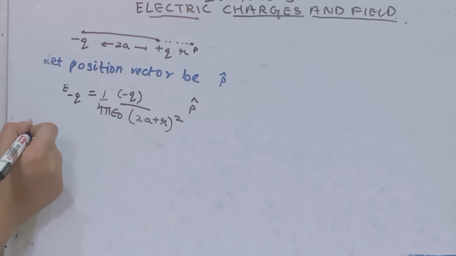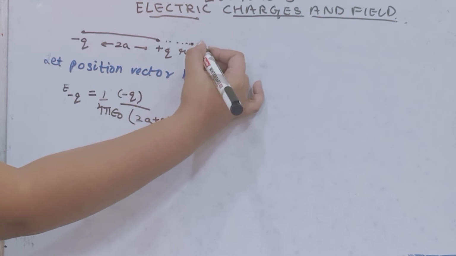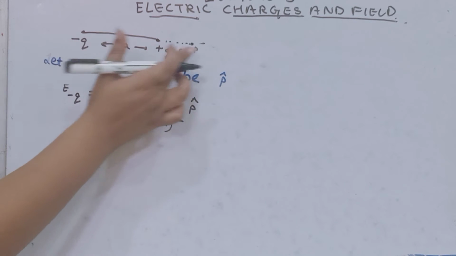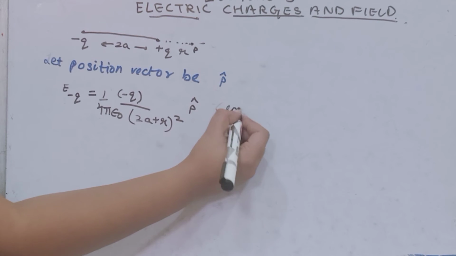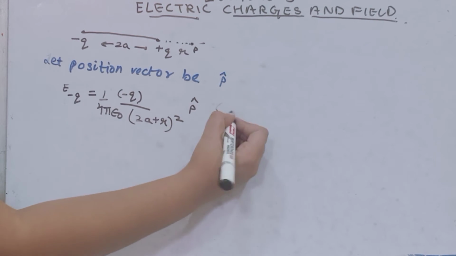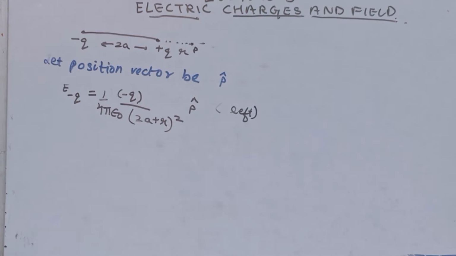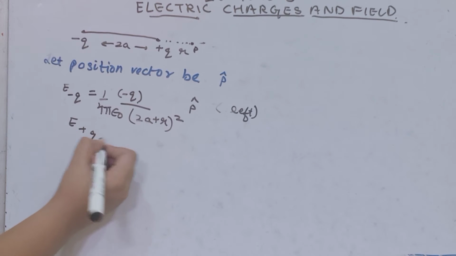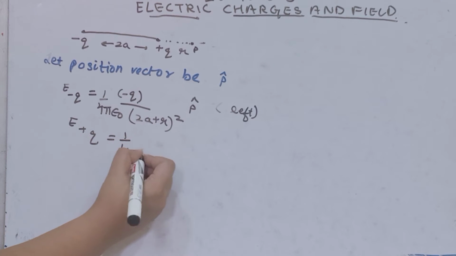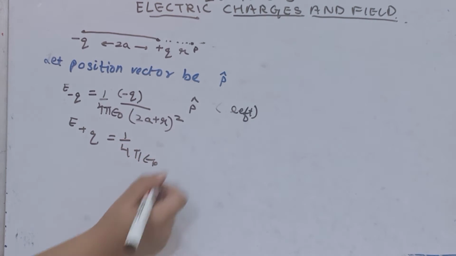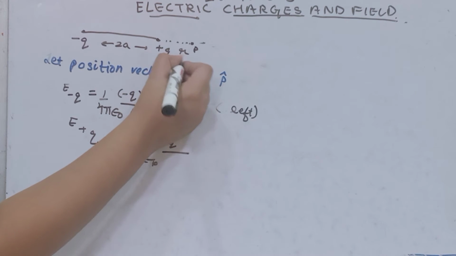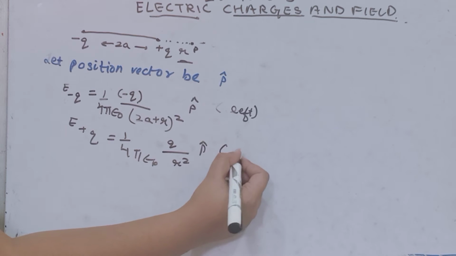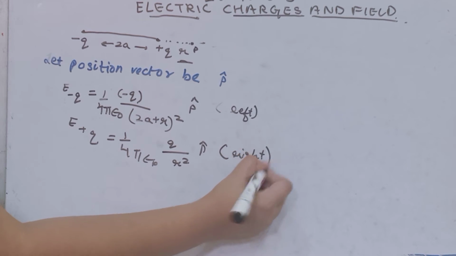And what will be the direction? Since we always assume a positive test charge at position P, they will attract each other, that is, the direction will be towards left in this case. Fine. And the electric field due to plus q charge will be 1 upon 4 pi epsilon naught q upon, here the distance is just r square, into p cap, and this is towards right.